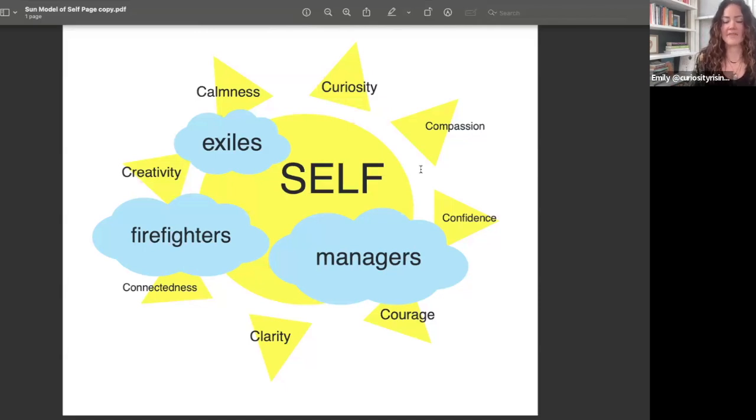Just like you experienced today in the meditation, you might have more access to certain qualities of self, like curiosity or compassion, and less access to others. So it's all about a spectrum and looking at how much self energy is there. Okay. Now we're going to go to this diagram here.